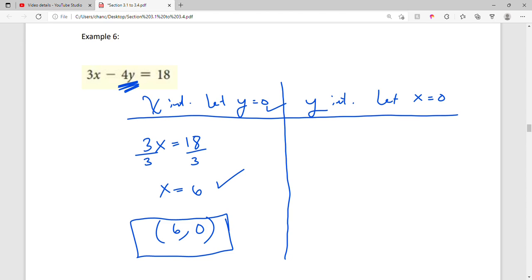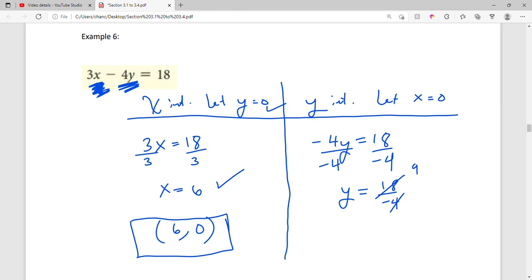For the other side, we're letting the x be equal to 0. That means the 3x is going to disappear this time, leaving us a negative 4y equals 18. If I divide both sides by negative 4, that tells me y equals 18 over negative 4. But we could reduce this. Let's divide the top by 2, you get a 9.